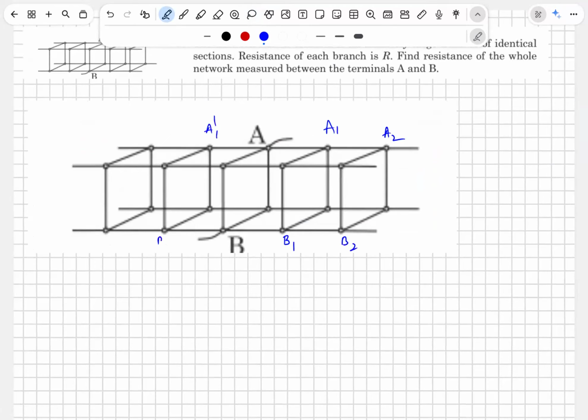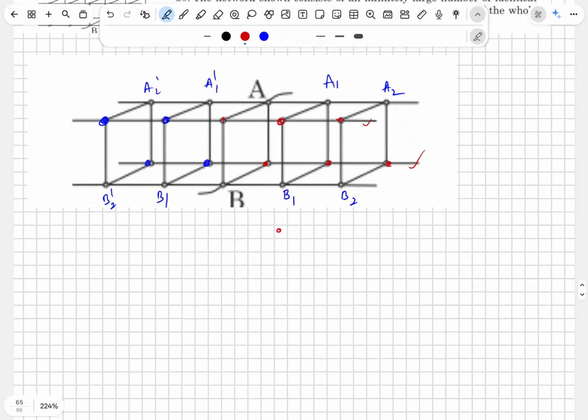A1 dash, B1 dash, A2 dash, B2 dash and so on. With respect to this current condition, this point has the same potential. This point, same potential. Similarly, this one, in fact, this one, same. Hold. So fold these two diagonals. Now, what is going to be your circuit?